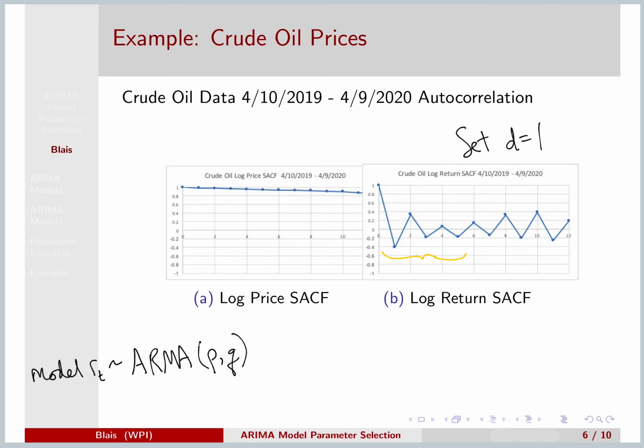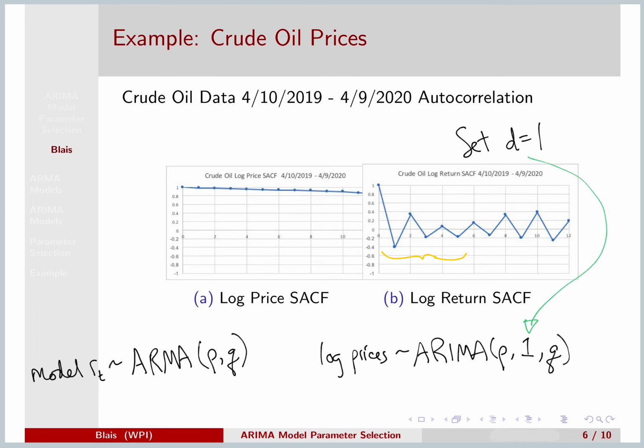P and Q still to be determined, but because R_t was the first difference of the log prices, our log prices, we would claim, are being modeled as an ARIMA(P, 1, Q). So specifically, we are differencing our log price time series one time, which results in the log return time series, and modeling that as an ARMA.